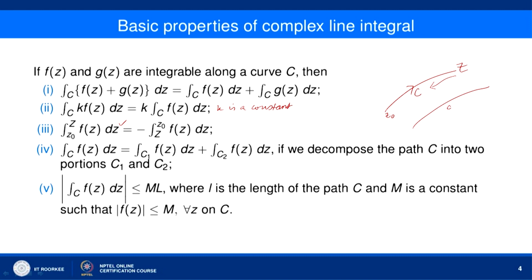Suppose this is your path C, and you decompose it into two parts, say this is A, this is B and this is C. C1 is the part of the curve from A to B, and C2 is the part of the curve from B to C. So the integral from A to B plus the integral from B to C along the curve will be equal to the integral over C, okay.